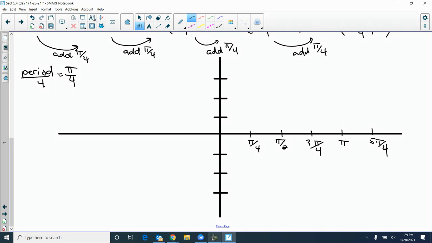Well, I got a point at pi over 4, 0. Pi over 2, 3. 3 pi over 4, 0. Pi, negative 3. 5 pi over 4, 0. So it'll look like that. That is one cycle.